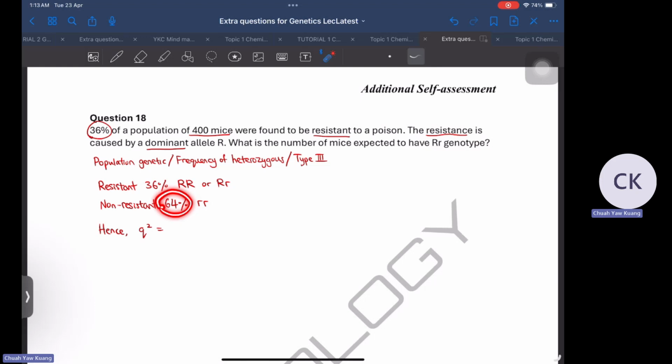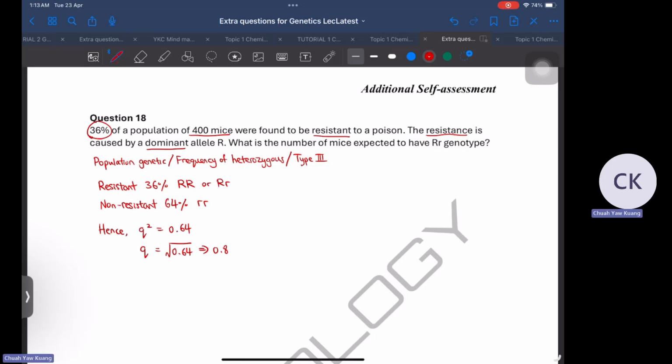Converting it into a frequency, it will be 0.64. So Q equals the square root of 0.64, and we get 0.8. So we know that Q is 0.8.